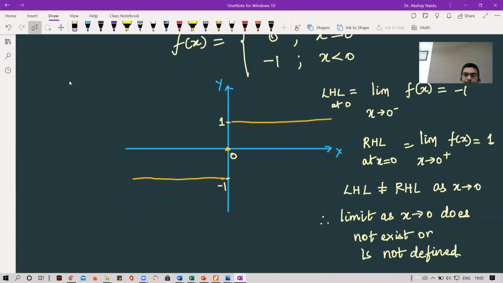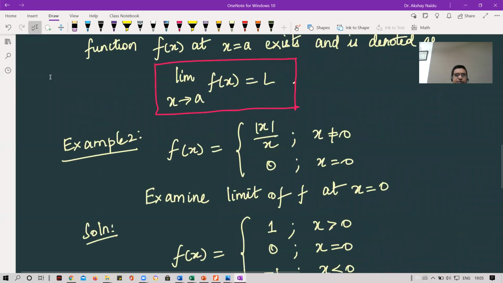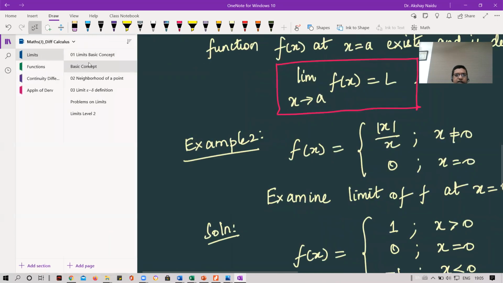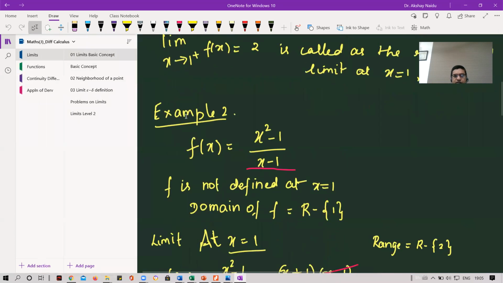I'm giving you a very fundamental concept of limit. I am right now not going into the complicated definition of limit. It is just for you to grasp. Now I will give other examples.